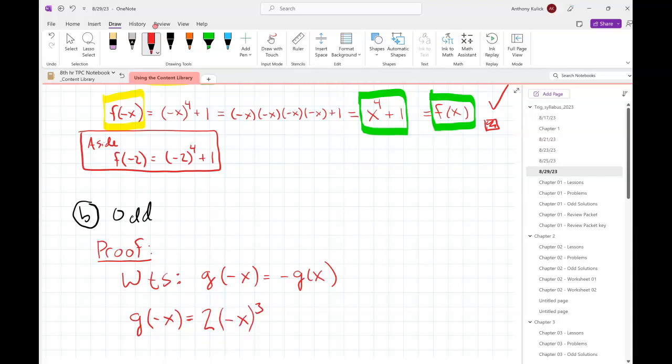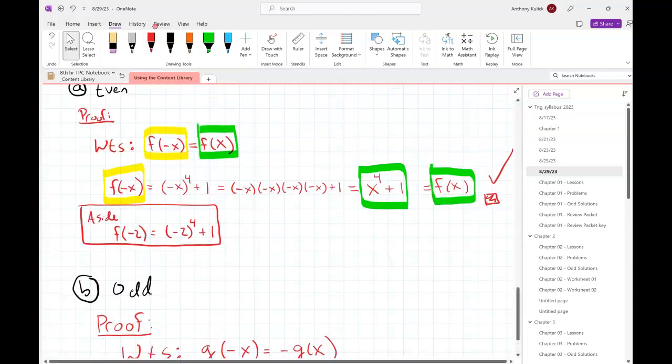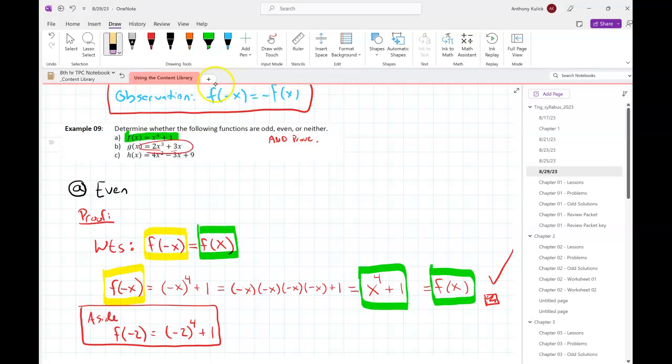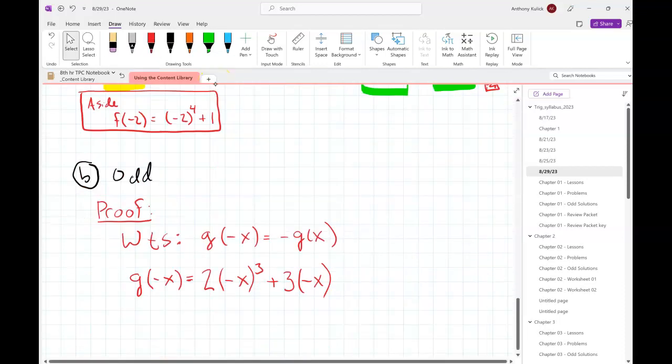I still have the third power, still have the plus, still have the 3, but instead of x, I'm going to write negative x. Right? Because this was what my g of x is. Everybody's good? Okay.